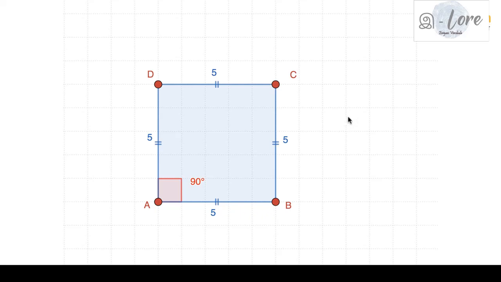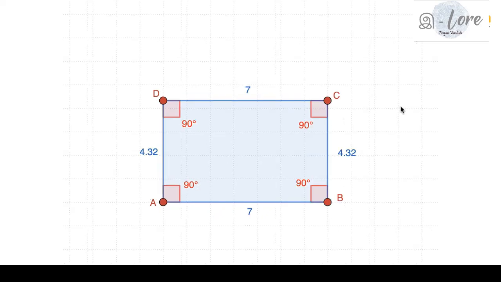Now let's do the second part, quadrilaterals with 4 right angles. Here's a simulation which shows a quadrilateral ABCD that has 4 right angles, and we can immediately see that ABCD is a parallelogram, and more specifically it is a rectangle because all of its angles are equal to 90 degrees.